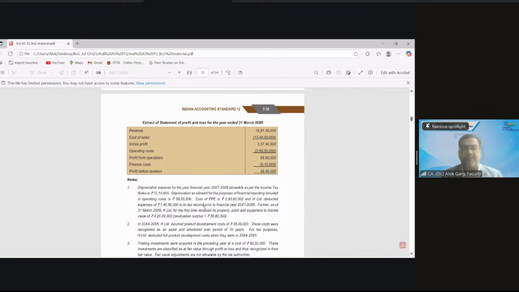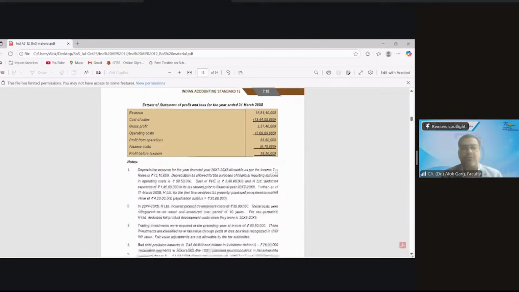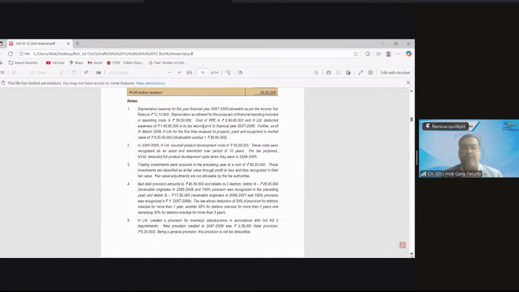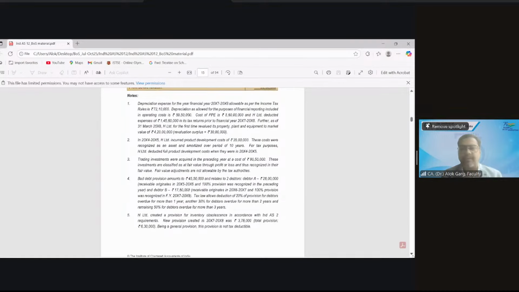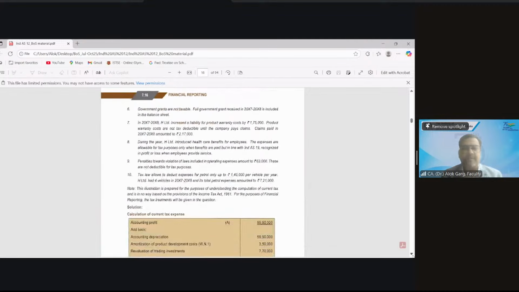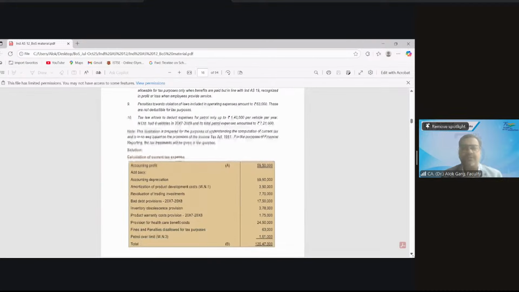And they have given some information for the depreciation, for some product development cost, and for some other items as well. And they want to compute the taxable profit.